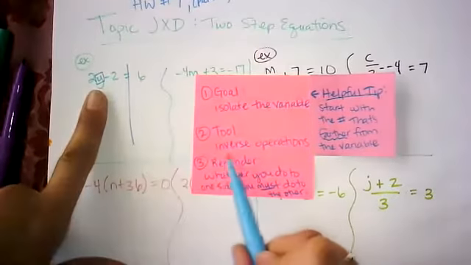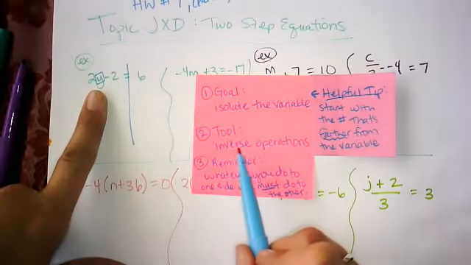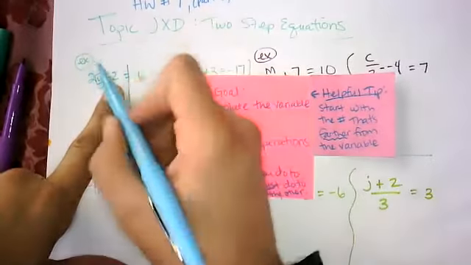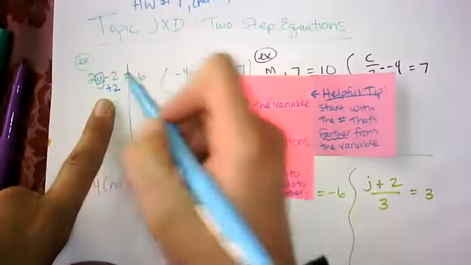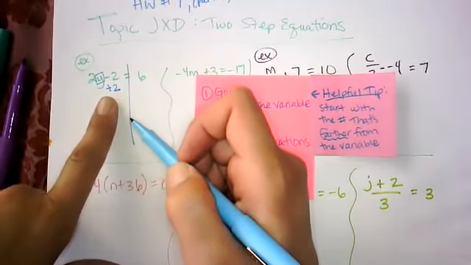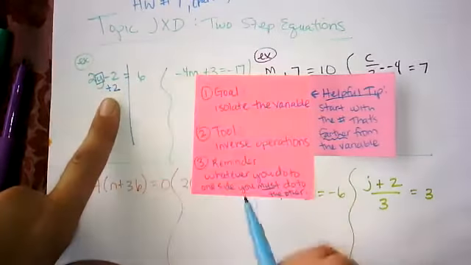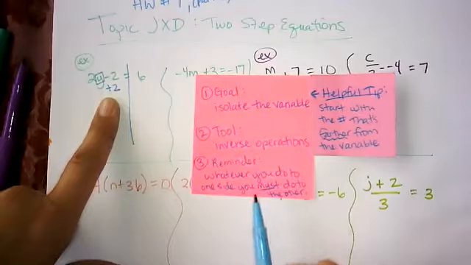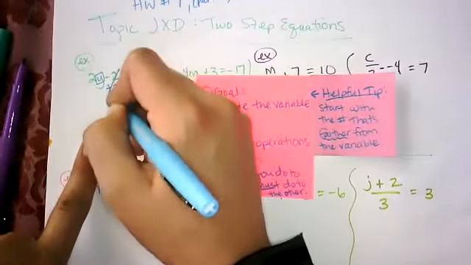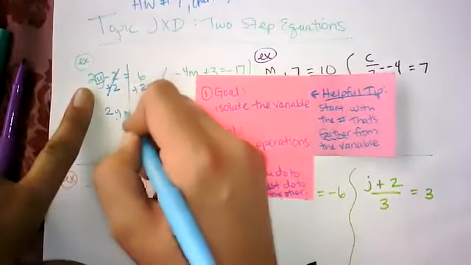So the inverse operation is the tool I'm going to use to move this over to the other side, and that looks like doing the opposite. If it's minus 2, like a negative 2, then the opposite is a positive 2. Plus 2, and whatever I do to one side, I must do to the other. So add 2. Negative 2 and positive 2 cancel. I have 2y left over.